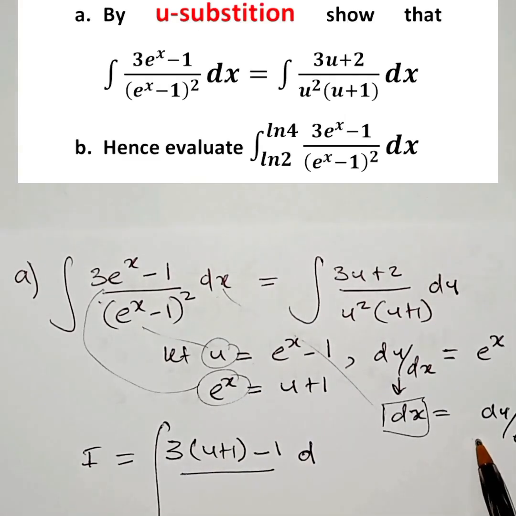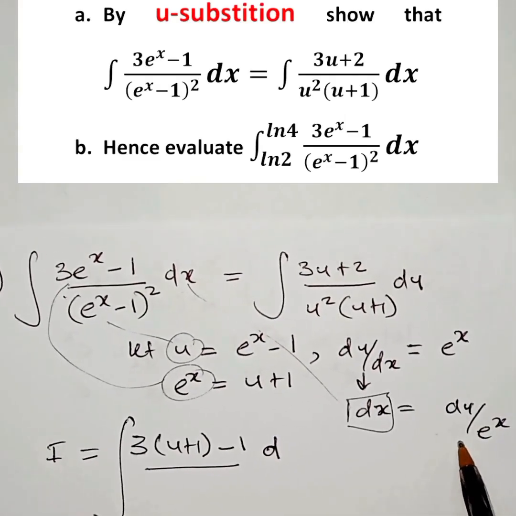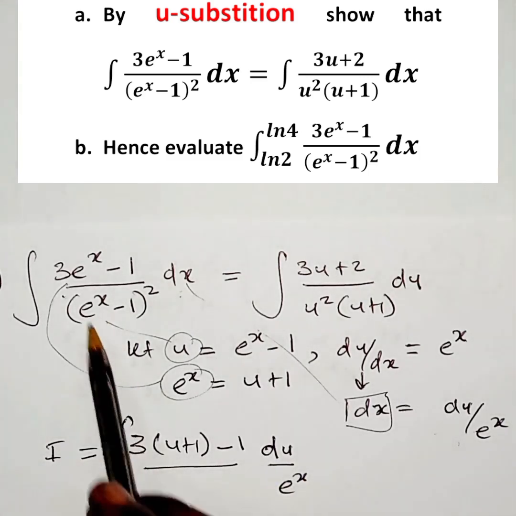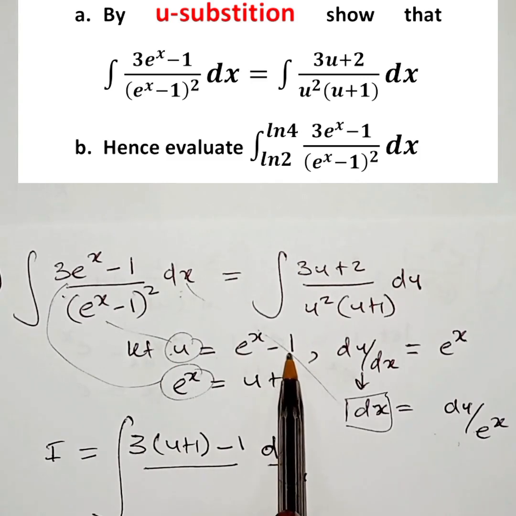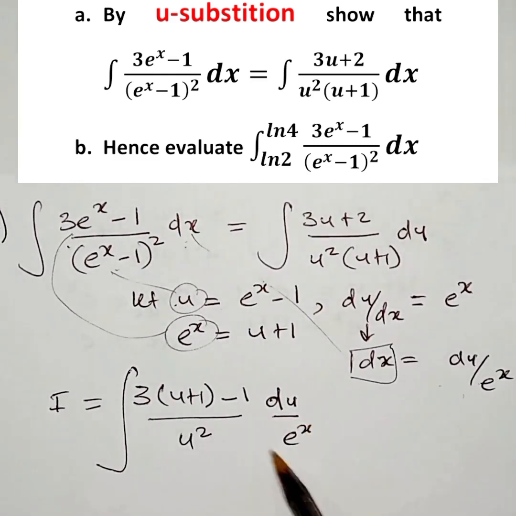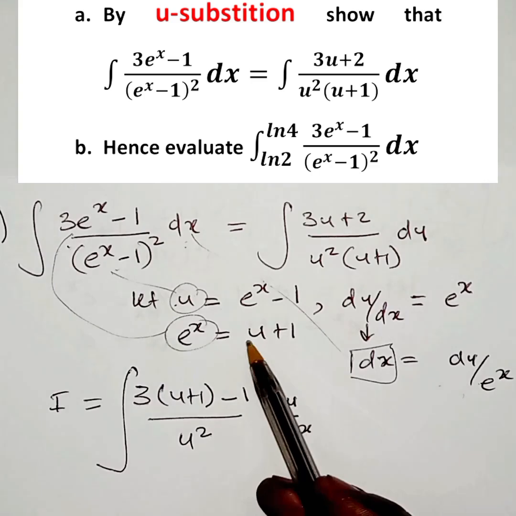Then dx is equal to du over e to the power of x. So we replace dx with that, du over e to the power of x. And then you remember we said u is equal to e to the power of x minus 1. So we've got u squared on the denominator. All right. But we need to again substitute this value of e to the power of x from here.